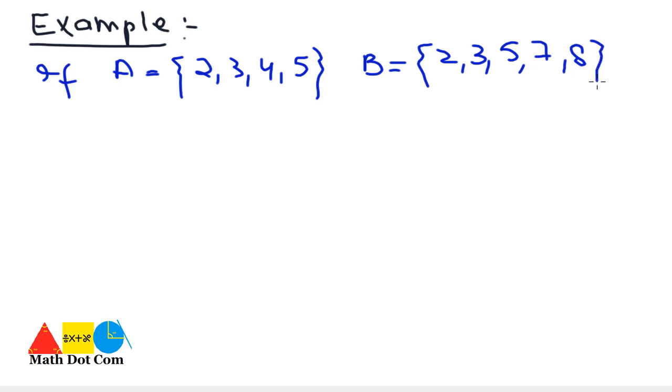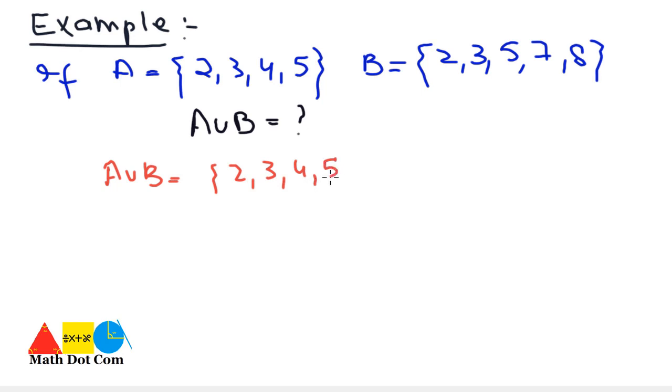Now you will be asked to find A union B. How will you find it? A union B is equal to 2, 3, 4, 5 union 2, 3, 5, 7, 8.